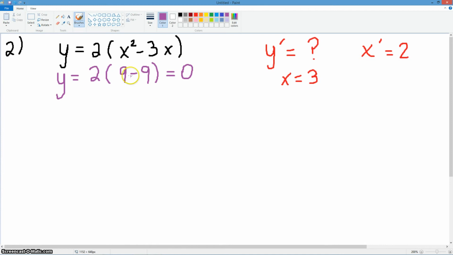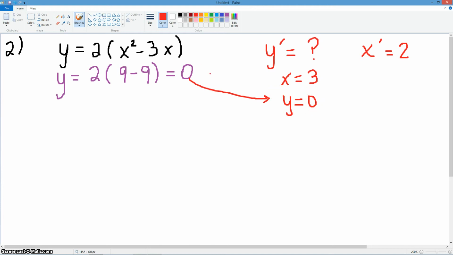So I have found that y equals 0. So when x equals 3, y is equal to 0.